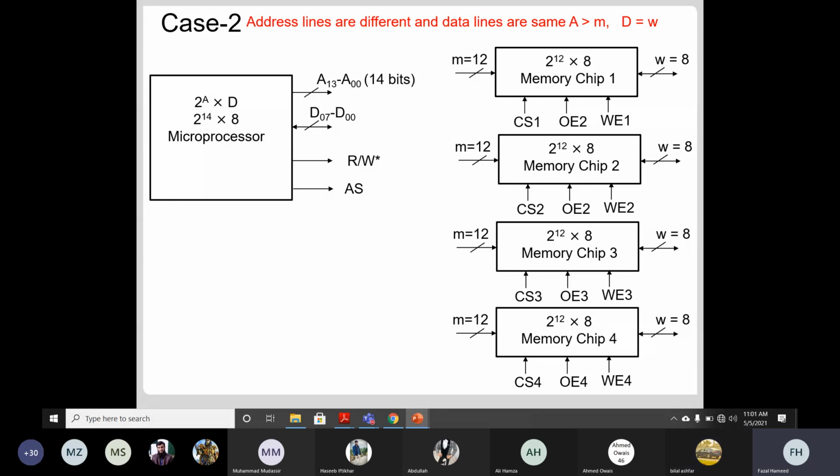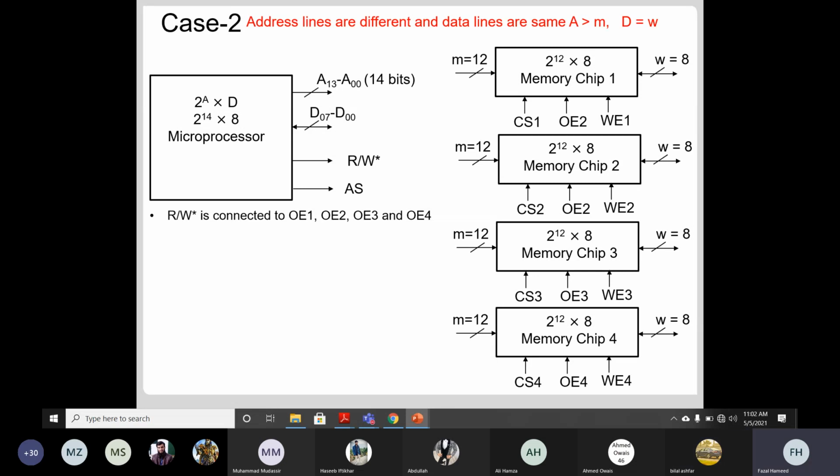Now if you look at this problem, what is A in this example? 14. So the address lines will range from A13 to A0. What is D? D is 8 bits, D7 to D0. Now, the first thing is very simple.